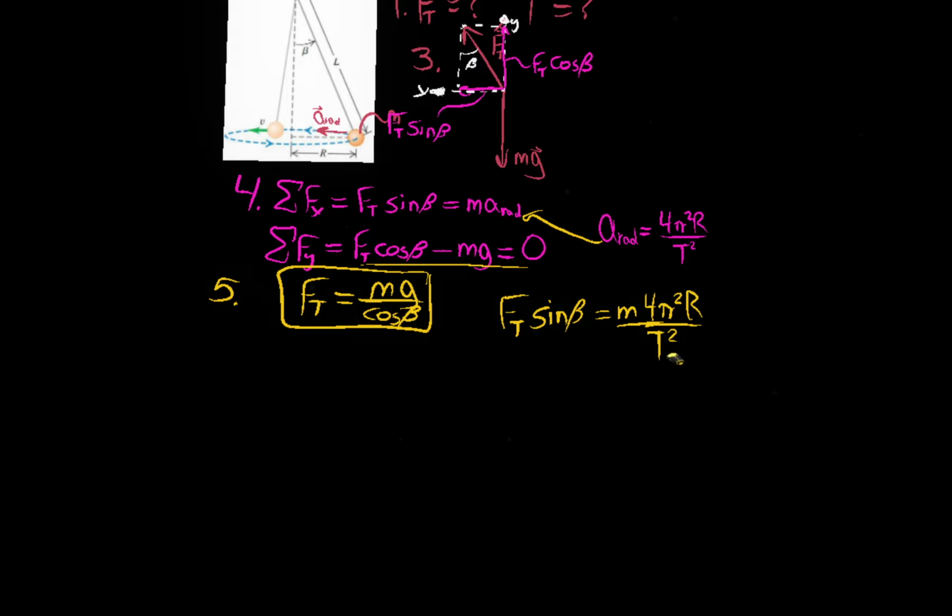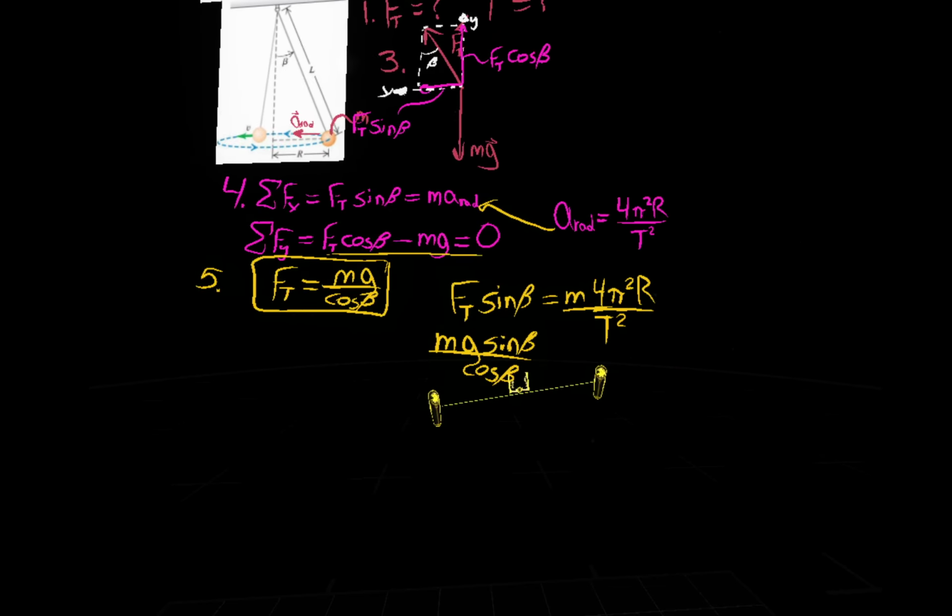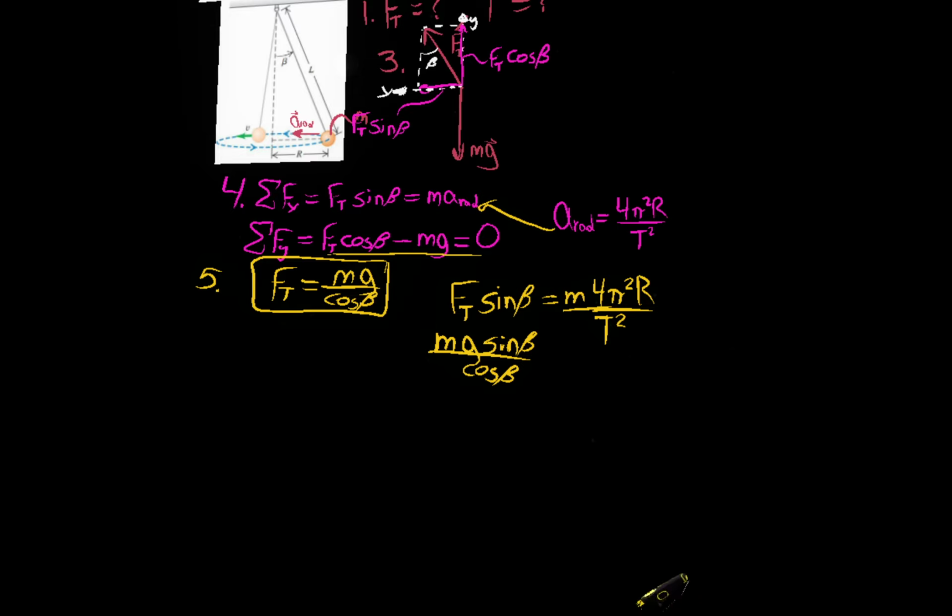Really, it's this that we want, right? So we have this expression. So we have mg sine beta over cosine beta. I would turn that into tangent, but I'm not sure if we might need to do other things along the way, so we'll leave that for a quick second.